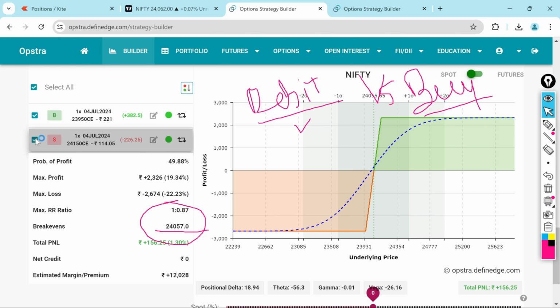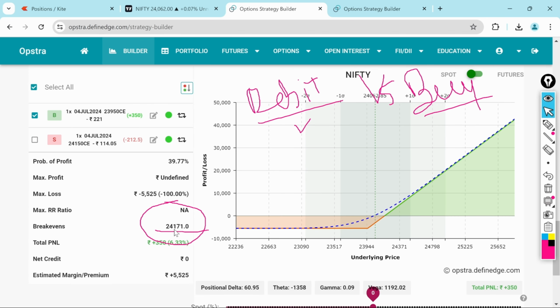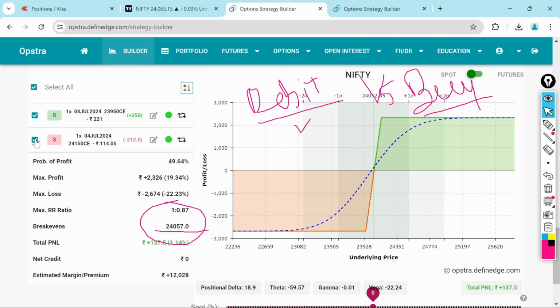If you are a naked option buyer, the break even will be 24,171. That means the market has to expire above 24,171 to make any profit in naked option buying. In case of our debit spread, the break even is 24,057. That means the market doesn't have to move that much upside to make a profit.